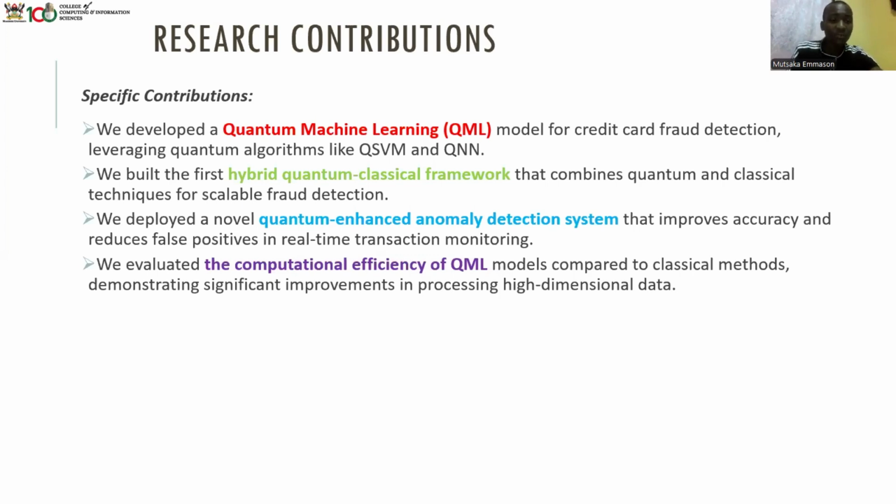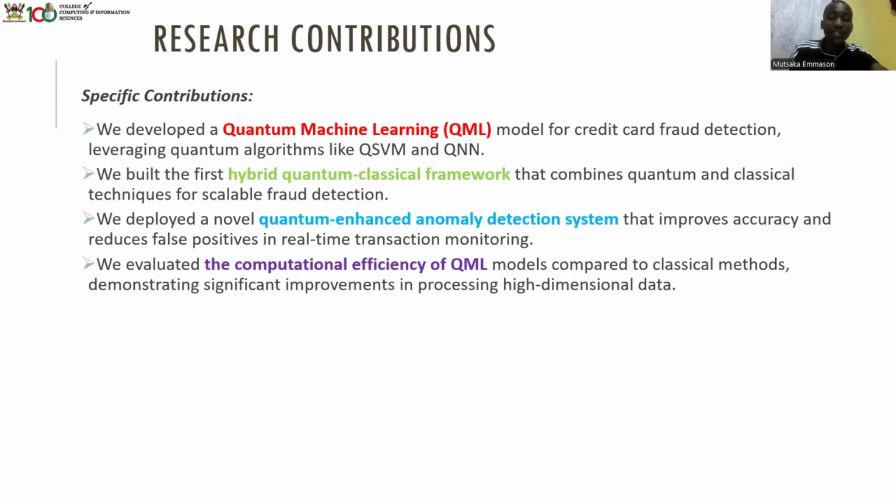So I have the specific contributions, like we developed a quantum machine learning model purposely for theoretical fraud detection, differentiating quantum algorithms like the quantum support vector machine algorithm, and then the quantum neural networks algorithms.